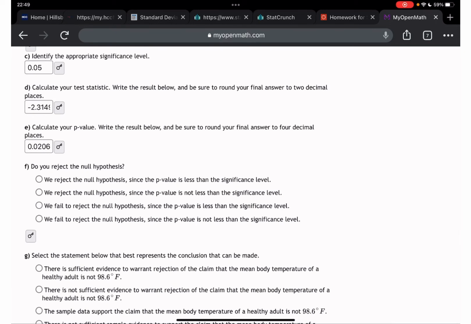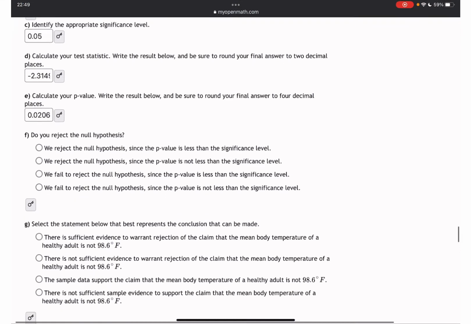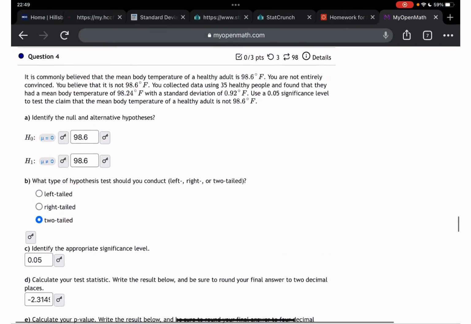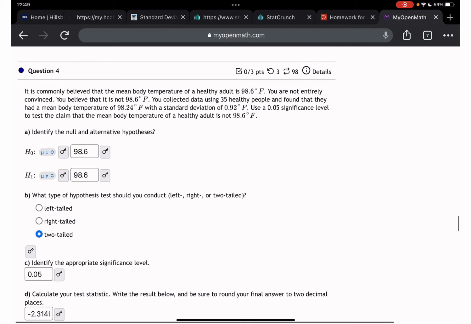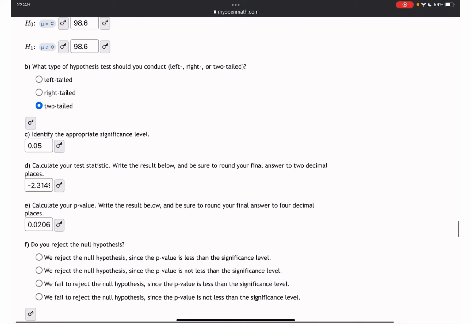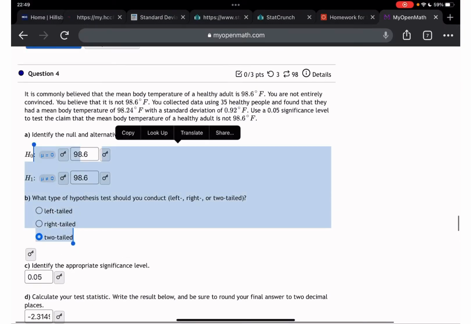All right. Next, what do we have? Do we reject null hypothesis? Our p-value 0.02 and our significance level is 0.05. 0.02 is less than 0.05.